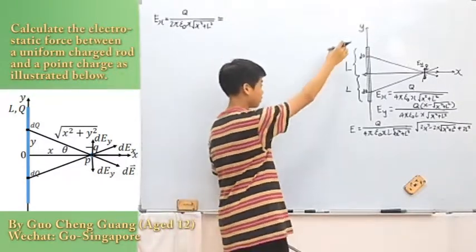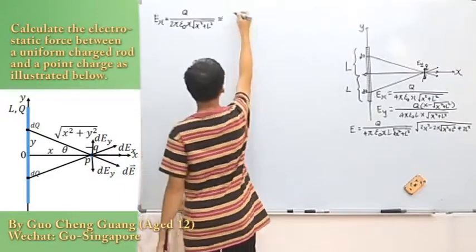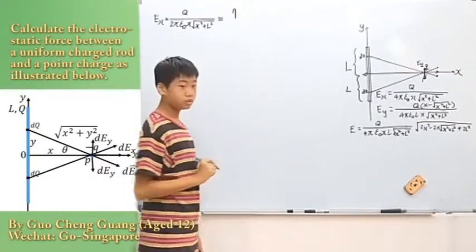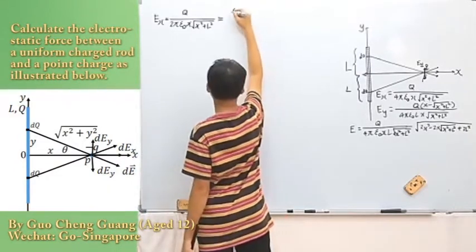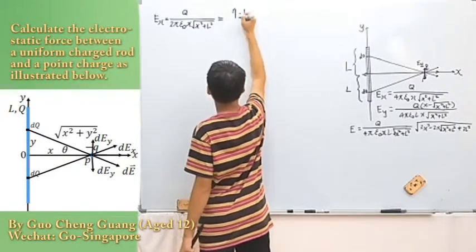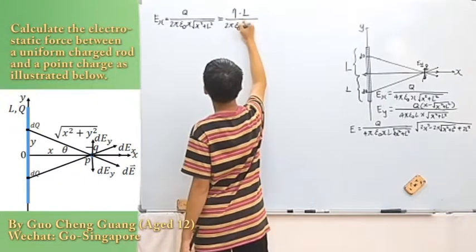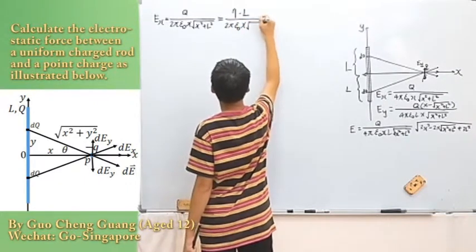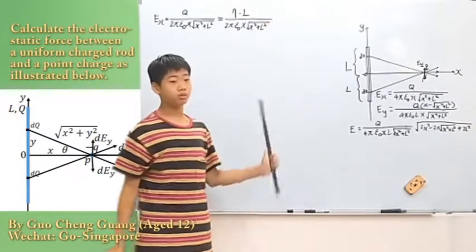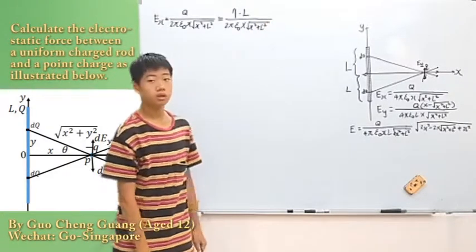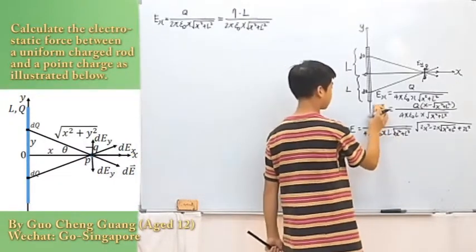Since the charge is uniformly distributed, eta, the linear charge density, is a constant, and then you can times L. So we can change it into this form here, which means these two parts we don't have anymore.